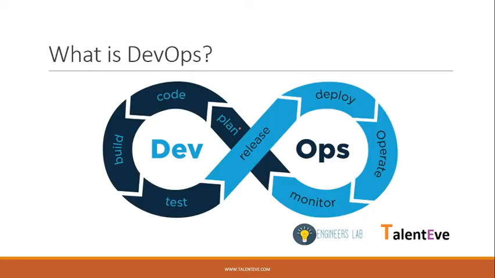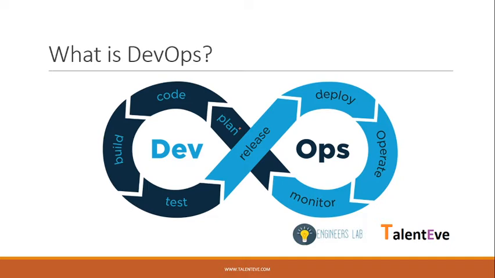Now, this is what DevOps looks like. At first look, if you are not aware of DevOps at all, you see an infinite symbol here. Infinite means forever, right, in mathematical terminology. So that means as long as the project runs, you plan the things, you code, you build the things, you test them, and then release to the operations team.